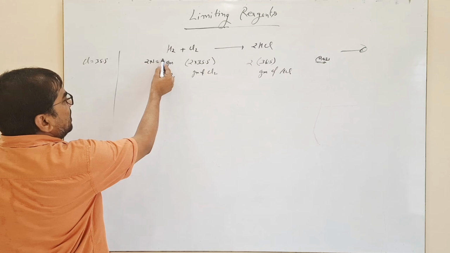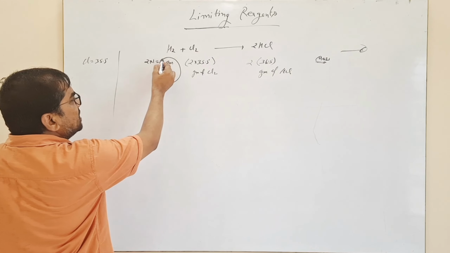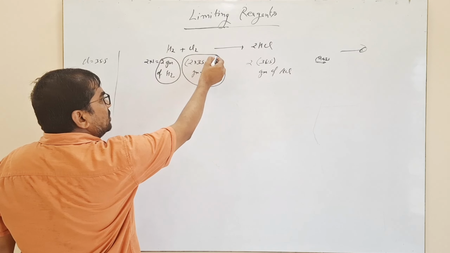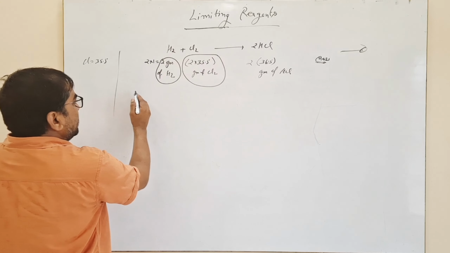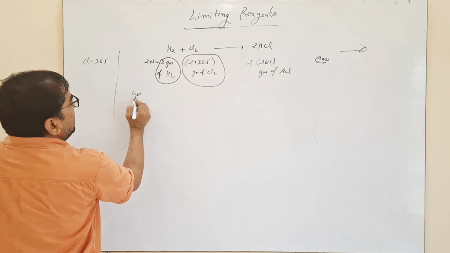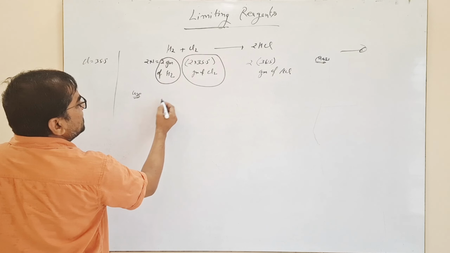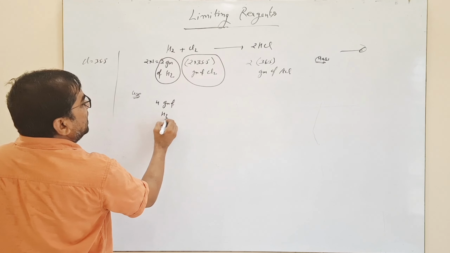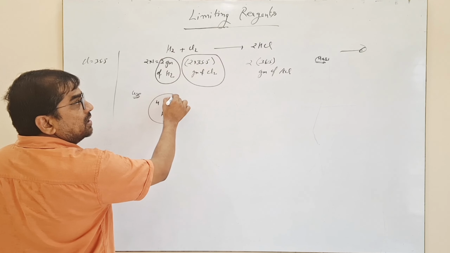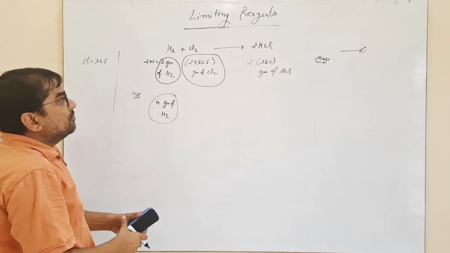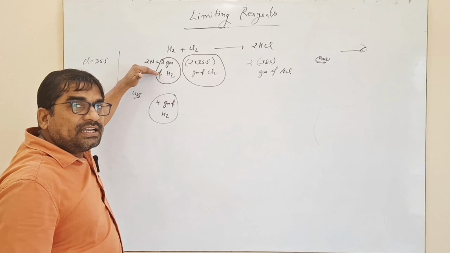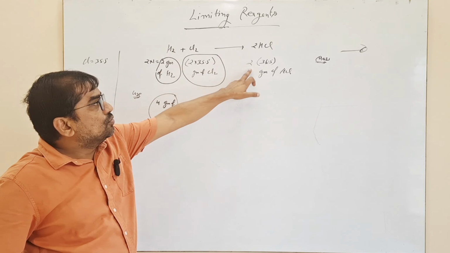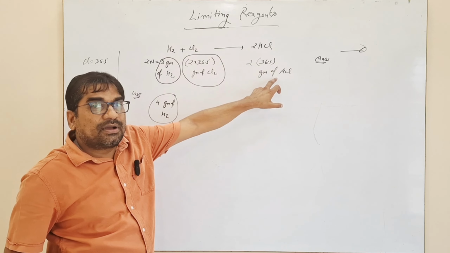Here 2 gram of dihydrogen completely reacts with 2 into 35.5 gram of chlorine completely. If we use dihydrogen in excess, in place of 2 gram, 4 gram of dihydrogen is used. In a balanced chemical reaction, the required amount of dihydrogen is just 2 gram to give 2 into 36.5 gram of HCl.